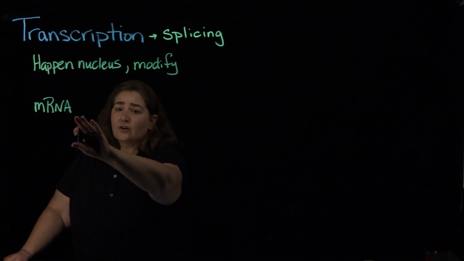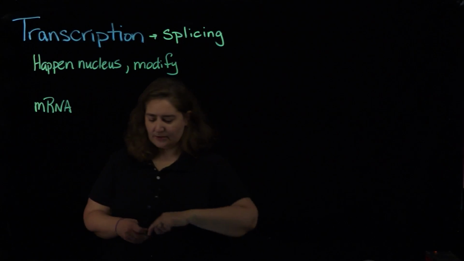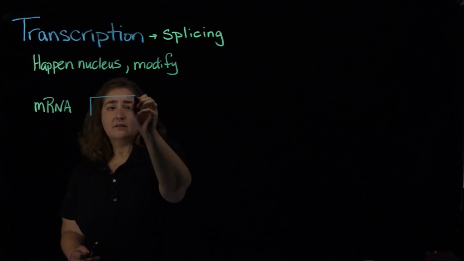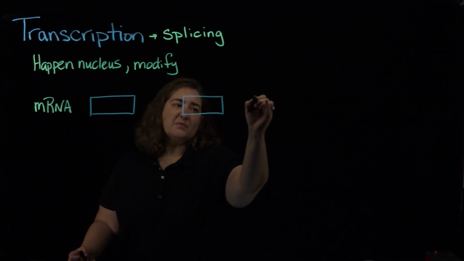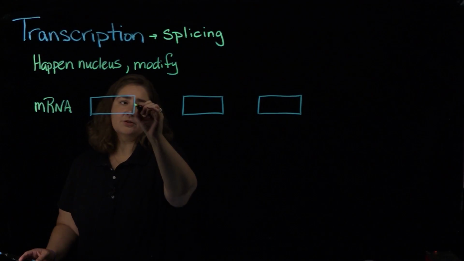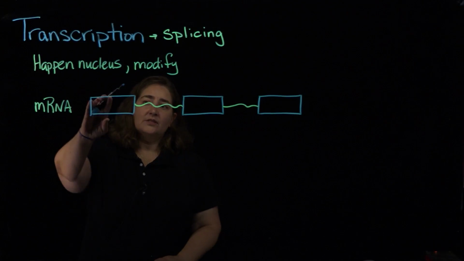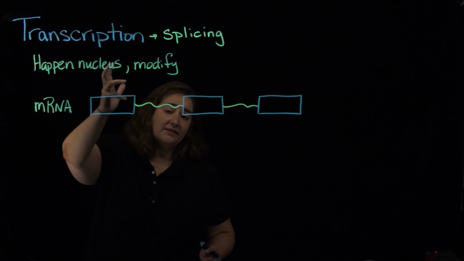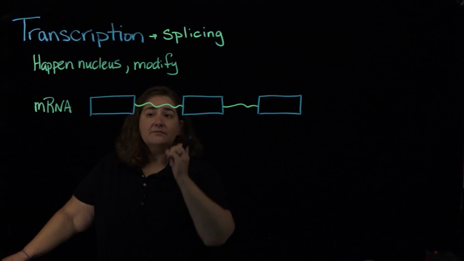So our messenger RNA is going to be composed of, and let me get two different colors here, I tend to draw them as boxes and lines, just so that you can distinguish them. But really what you would have within this box is some RNA sequence, some AUGCC, okay? You would also have some sequence that makes up the wavy lines in between, okay?